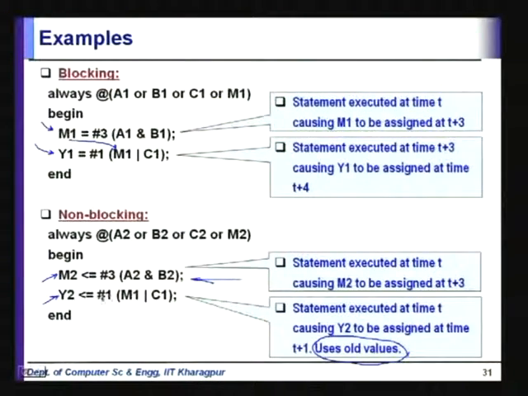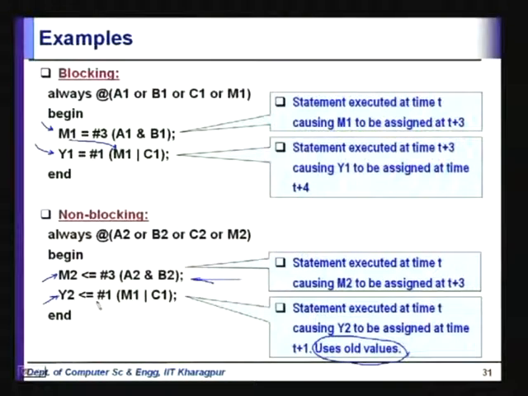It is scheduled at time t, but because of this hash 4, instead of hash 1, it is going to pick up the value of M2 after 4 time units. But it would have completed the logic N1 or C1 before that also. No, this assignment means that you cannot progress beyond this hash until your time has progressed, right. So, it is going to pick up these values after that time.